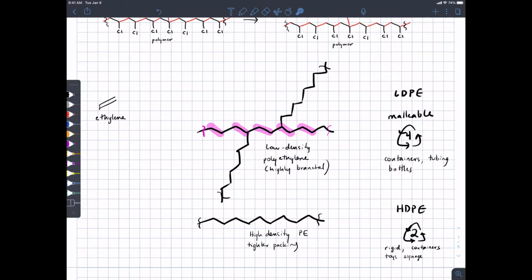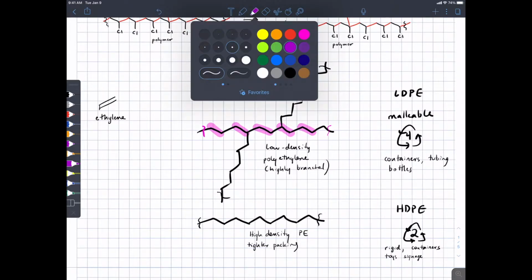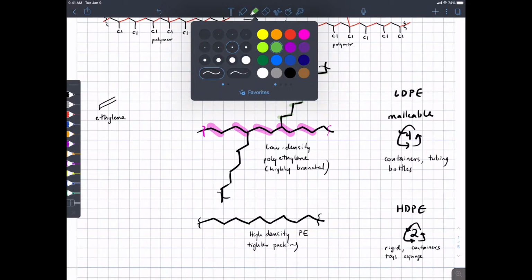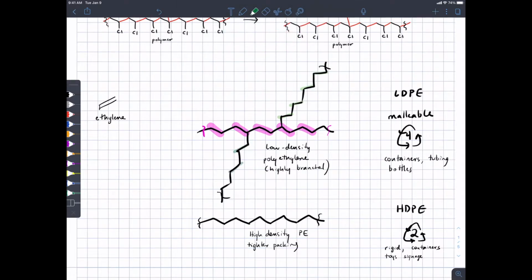If the process allows for a lot of branching, and the individual subunits are highlighted in pink here, then you can get polymer networks where the individual chains don't pack against each other very well. It would be difficult, for example, to generate tight van der Waals interactions between chains, which you can do in just linear chains where they can pack against each other in zigzag fashion.